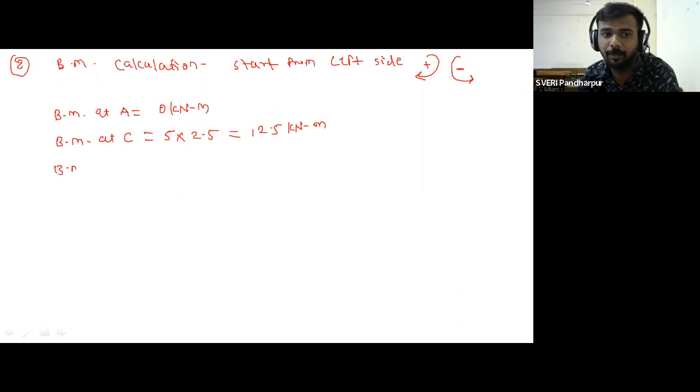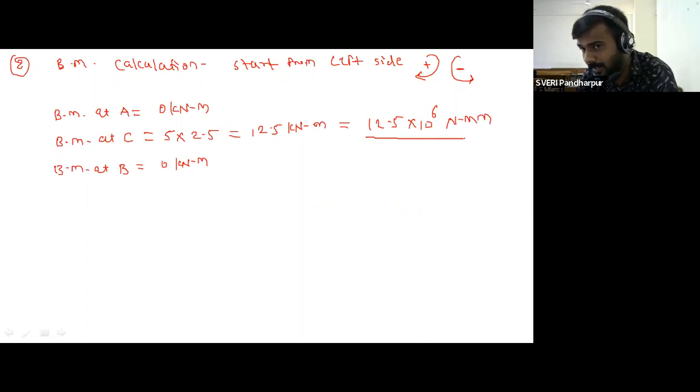And last BM at B किती येणार आहे? 0. जरी तुम्ही कॅल्क्युलेट करून बघितलं तरी पण किती येते? 0 येते. Now here 12.5 into 10 raised to 6 Newton mm.